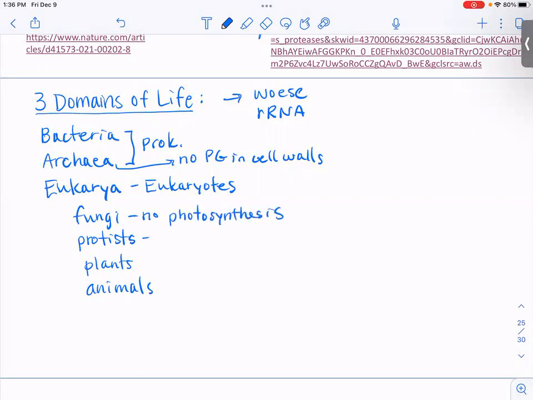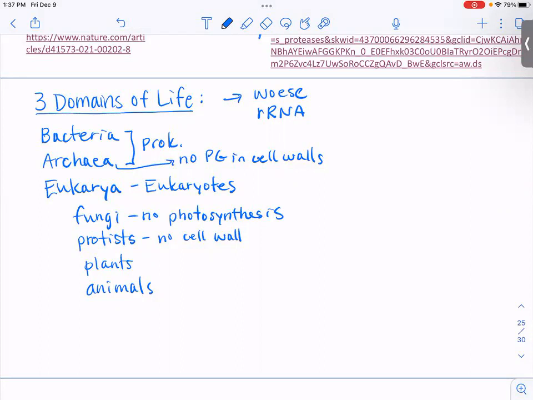Protists don't have a cell wall. Most of the time they have a little proteinaceous layer that they call a pellicle, but they don't have a cell wall. So lots of eukaryotes do have a cell wall, just not animal cells.